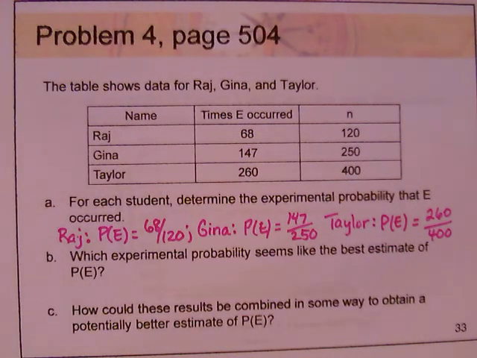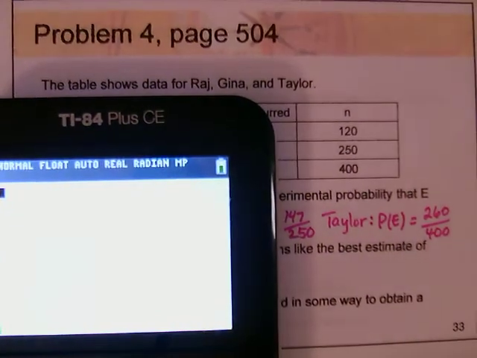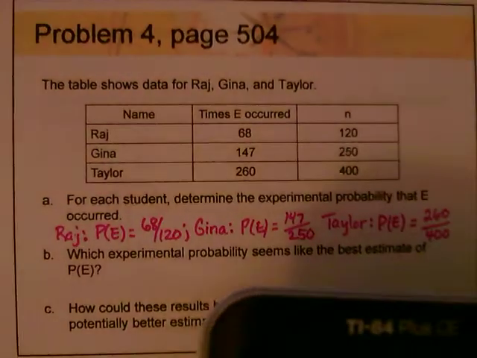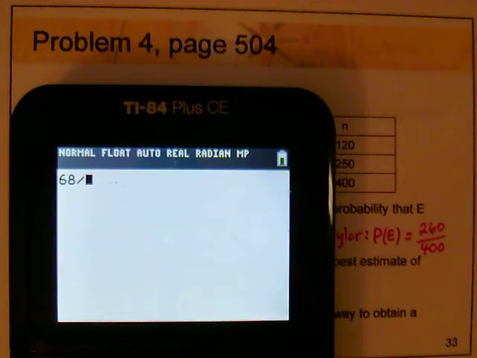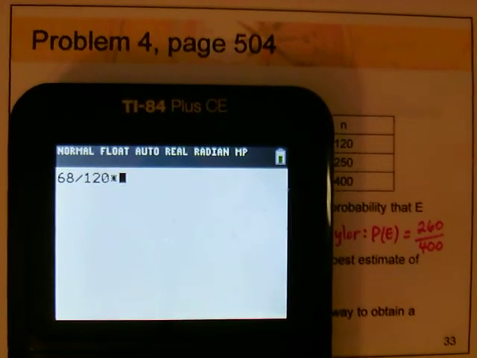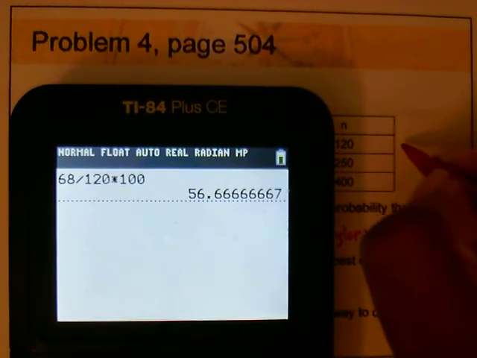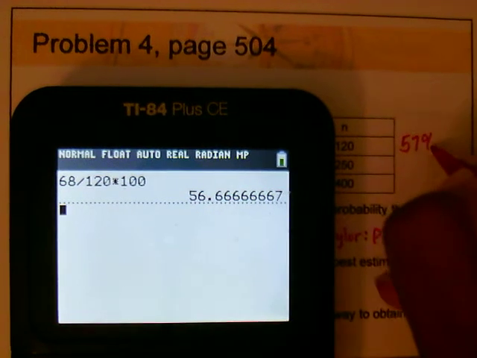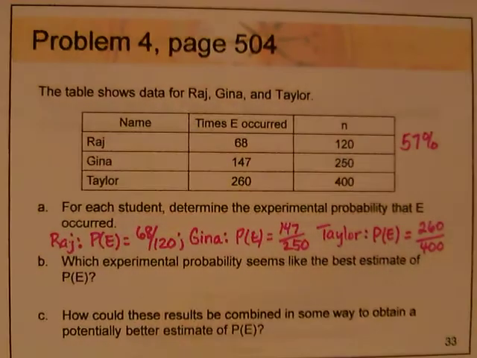Now I'm going to put the percentages here for each one of those because I'm not sure if they want the percentages here. Okay, so let me clear this out. Raj was 68 out of 120. So if I do 68 divided by 120 times 100, because I want it as a percent, to the nearest whole percent, about 57%. So I'm going to put 57% here. And then for Gina, it was 147 out of 250.